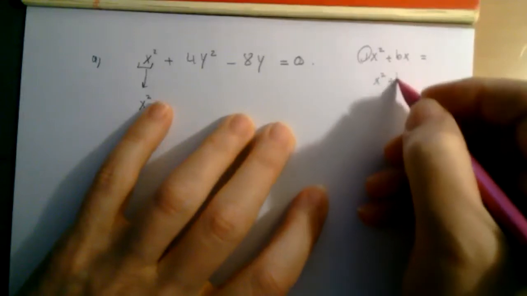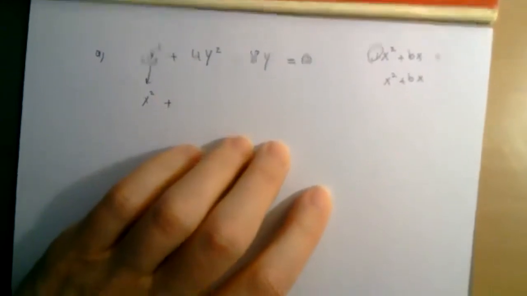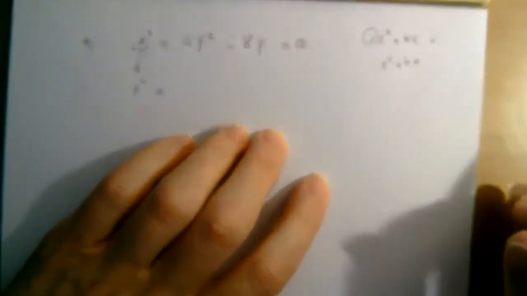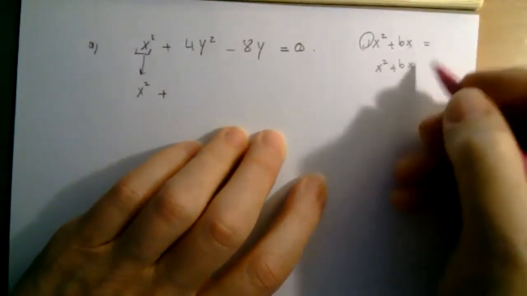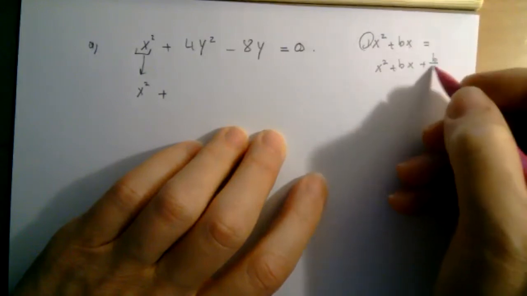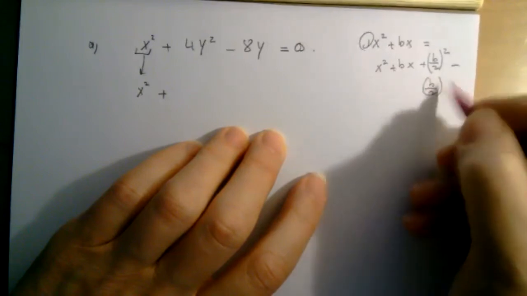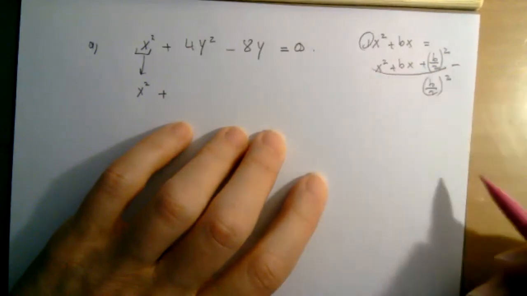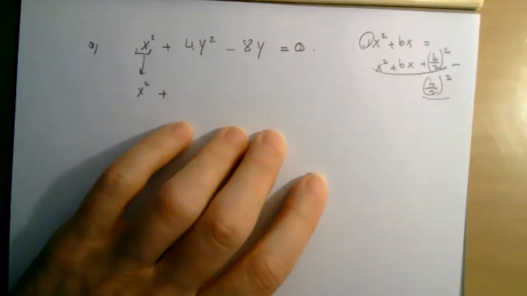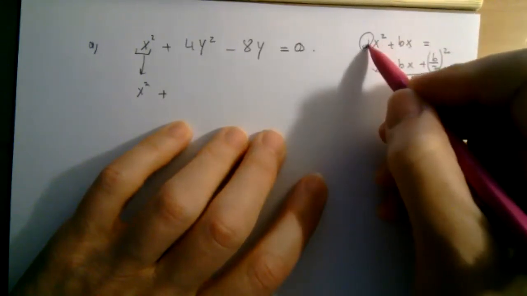We take the coefficient of x, divided by 2, squared, added and subtracted. That's really the algorithm. And by doing this, this will be a complete square minus this term, which we will deal with. This algorithm works as long as the coefficient of x squared is 1.